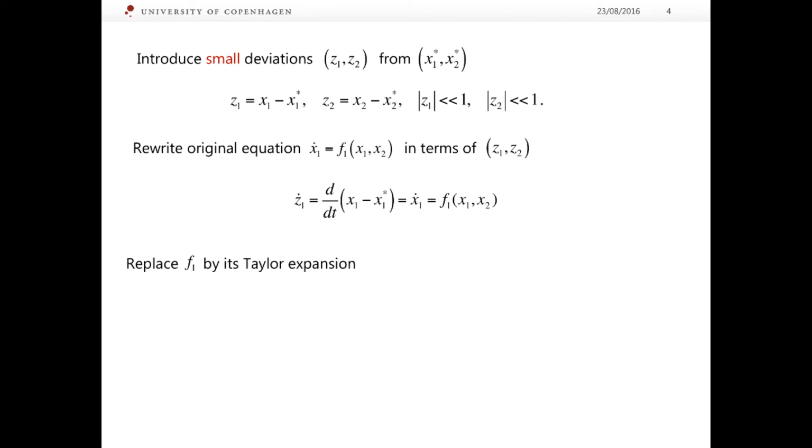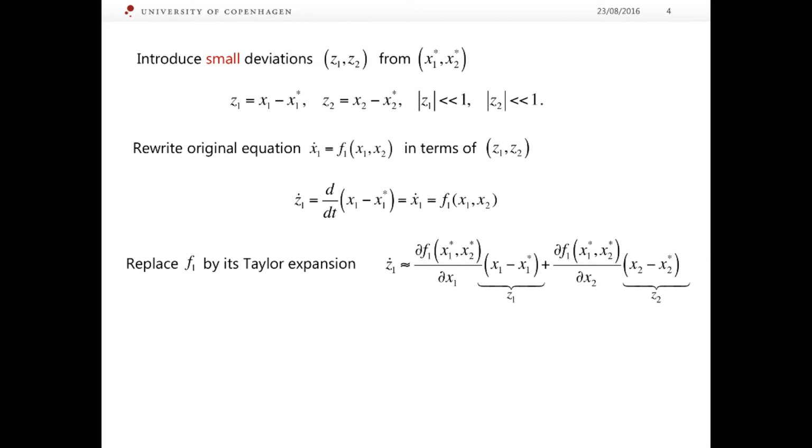Next, we replace f1 by its Taylor expansion, in which we neglected all higher order terms, like what we did in the previous slide. This gives us the expression for z1 dot, in which we denote x1 minus x1 star as z1 and x2 minus x2 star as z2.